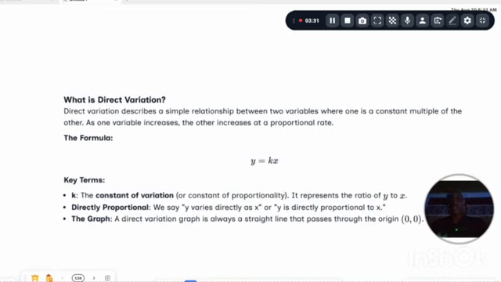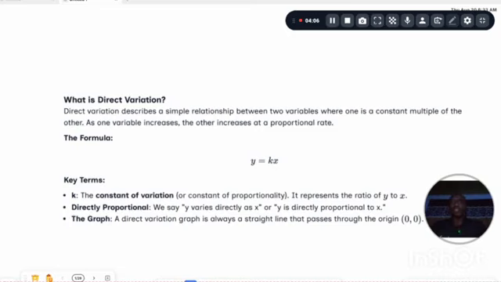We have other topics like inverse variation, joint variation, and partial variation that will be considered in the next video. So for now, we are looking at direct variation. So let's continue.